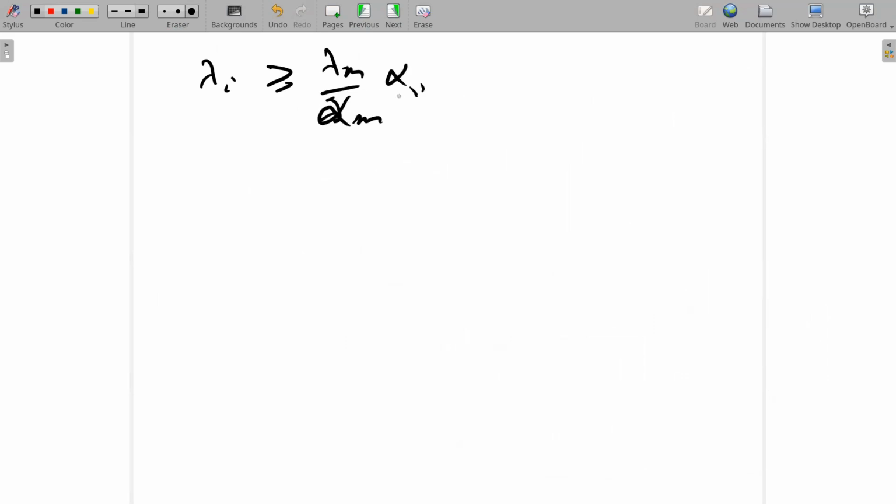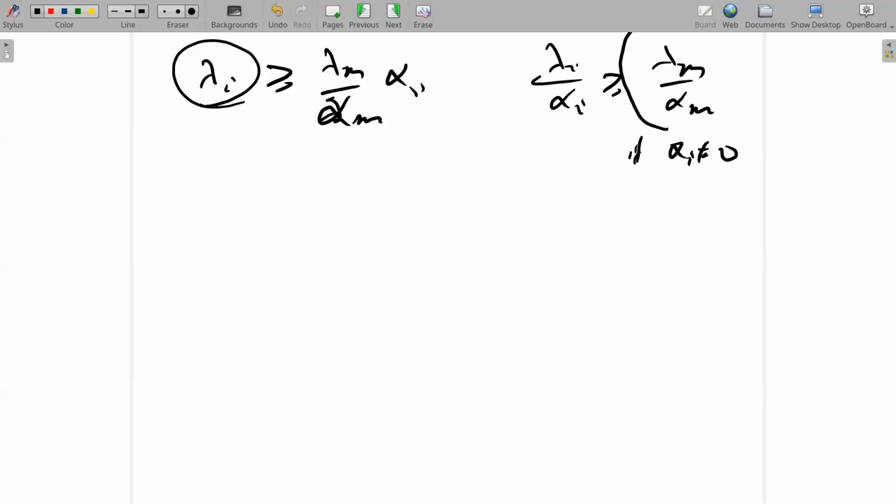That's simply because if alpha i is 0, since lambda i is strictly bigger than 0, this holds. If alpha i is not 0, we have lambda i over alpha i is bigger than or equal to lambda m over alpha m, because that's how we chose it. It was the smallest possible such thing. So this inequality always holds true, which means this difference is always bigger than or equal to 0.